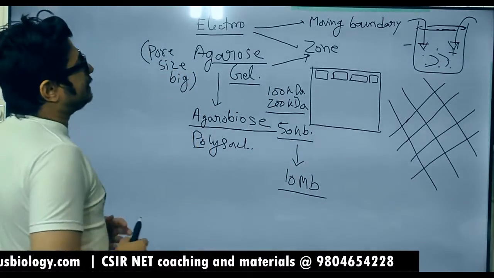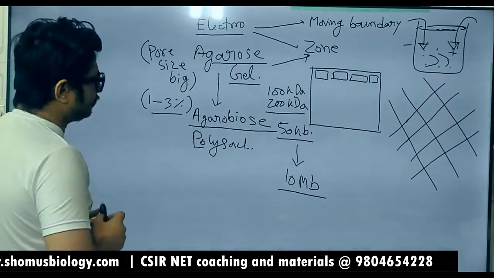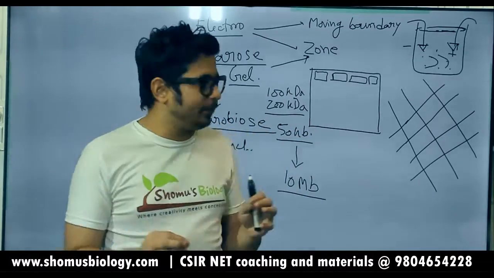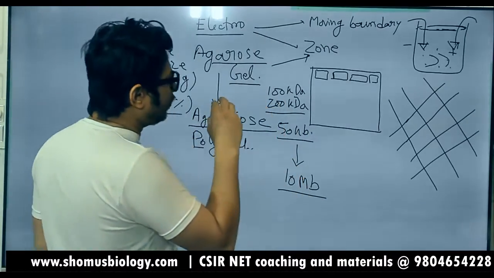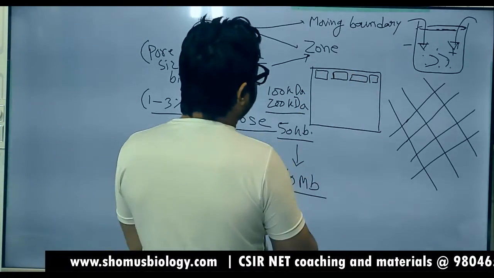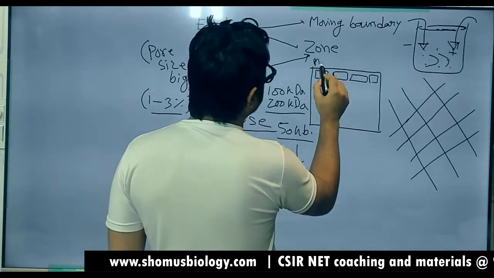So generally we use 1 to 3% of agarose to create this gel, solidify it, and then we load the DNA. We create grooves and we load the DNA. Let's say this is what is known as a marker.